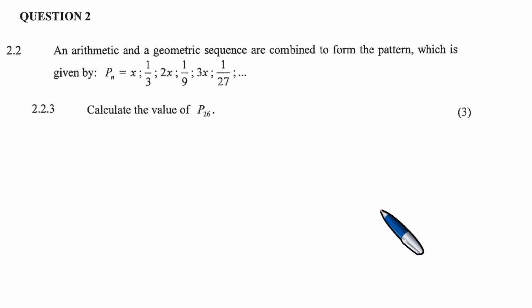Now you need to be very careful here. If we have all these terms, there's P1, because Pn is x, there's P1, which is x, P2 is 1/3, P3 is this, P4, P5, P6.